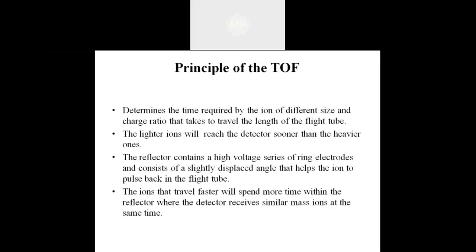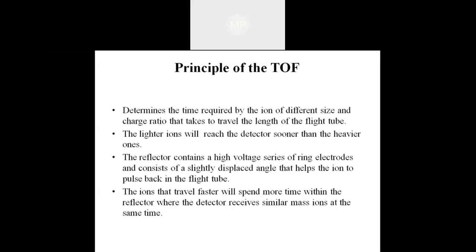The reflector contains a high-voltage series of ring electrodes, and it is set at a slightly displaced angle that helps the ions pulse back in the flight tube. So TOF is a tube-like structure, right? The ions start traveling at the same time, with the small and lighter ions traveling faster to the detector than the heavier ones.